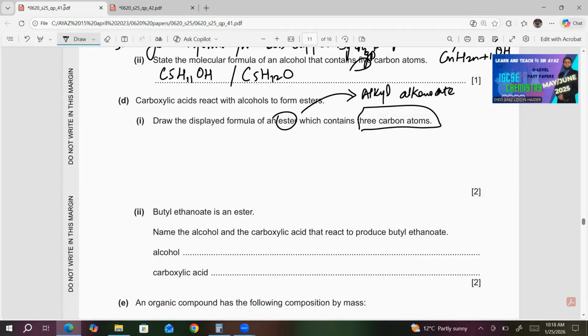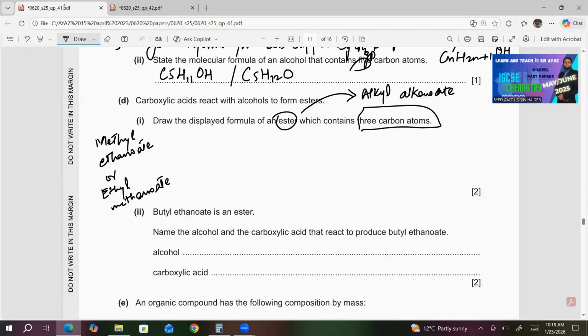If they are saying an ester which contains 3 carbon atoms, what are the possibilities? You can have either methyl ethanoate or ethyl methanoate. Both of these contain 3 carbon atoms. Now they expect us to draw the displayed formula.